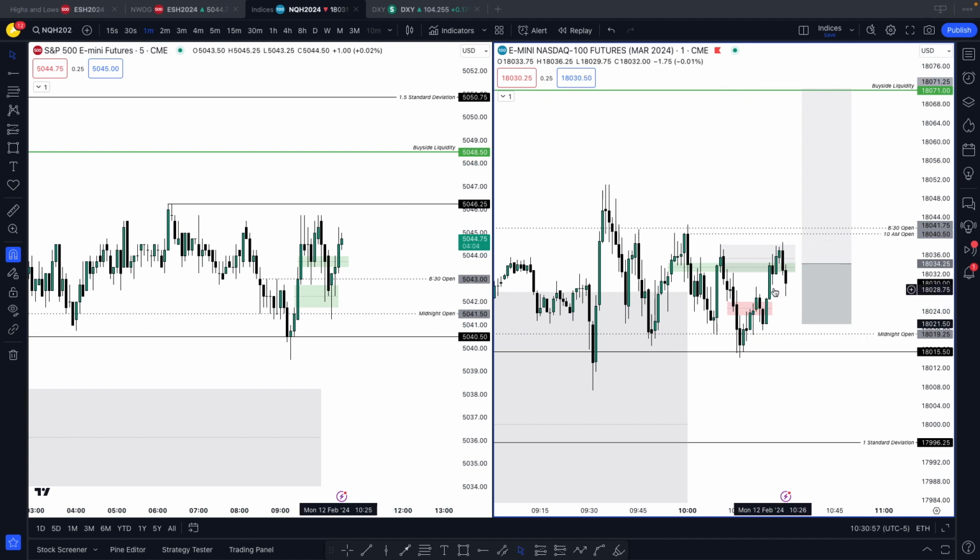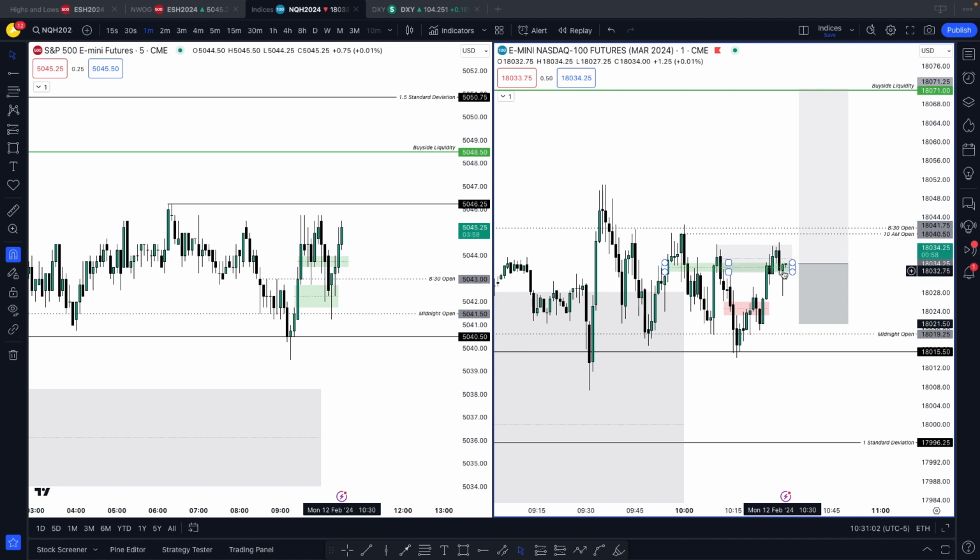Okay, price dropping into the BISI right there. And you want to see how the candle closes. See, that's very nice. That's an indication right there.